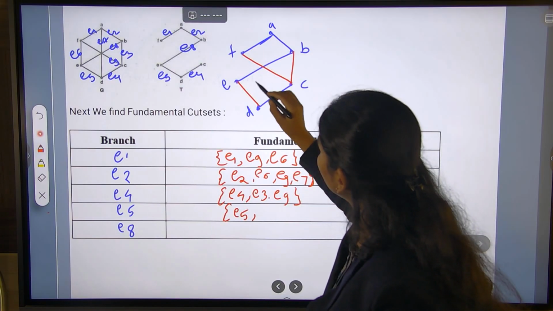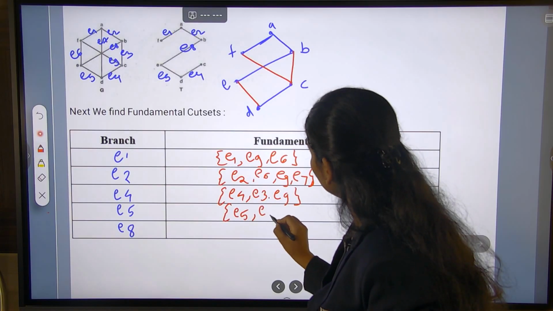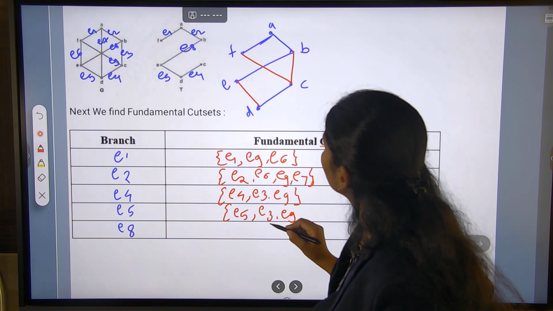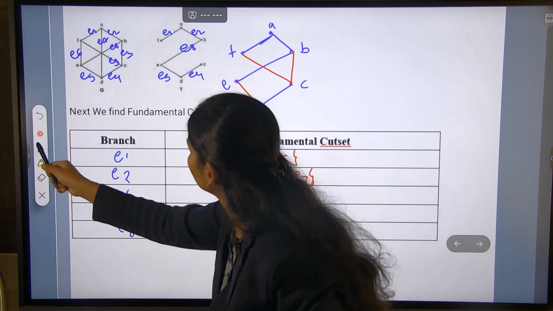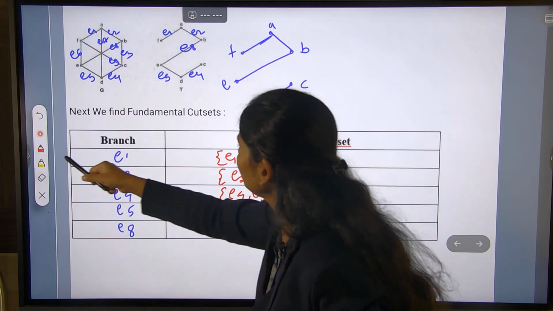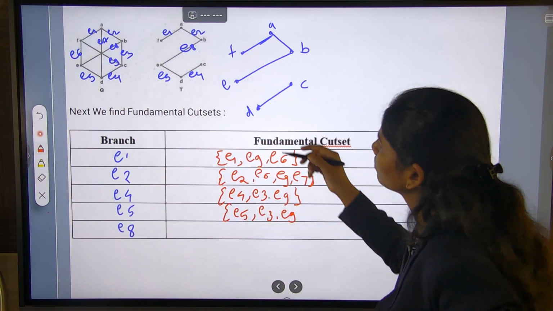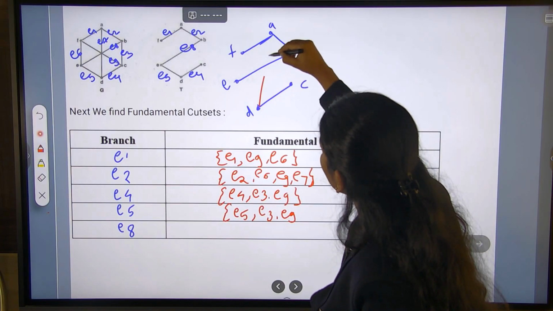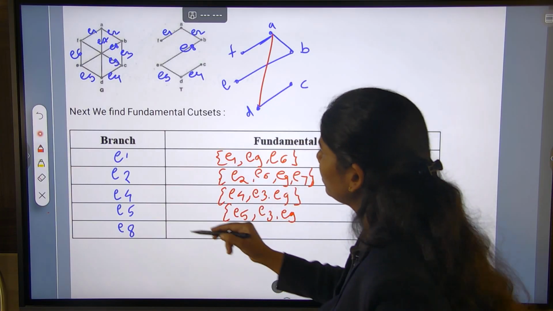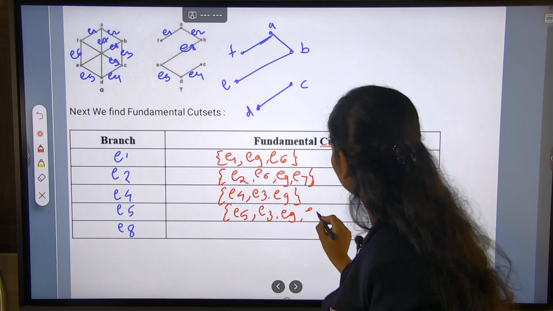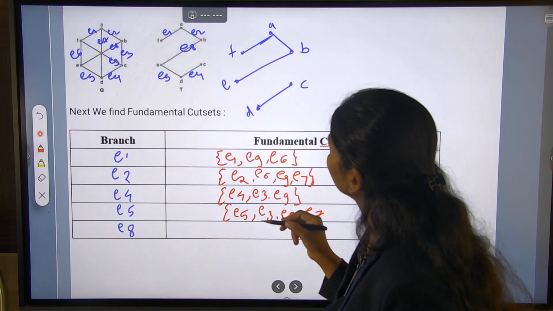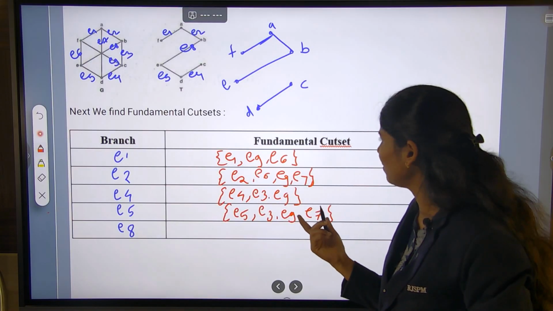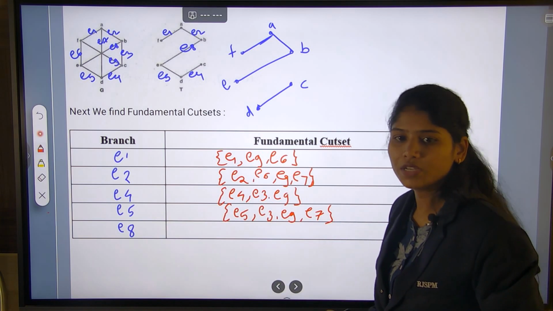Therefore E3, E9, E5. Any other is there? So E5, E9, if we join this E7 we get the connected graph. Therefore write down E7. That's it. Okay, so this is the fundamental cut set with respect to the branch E5.